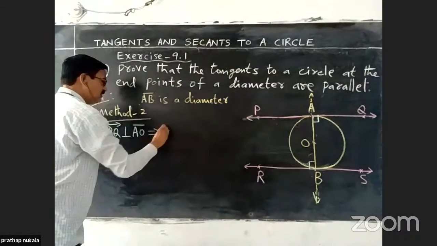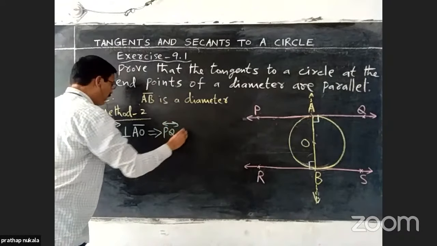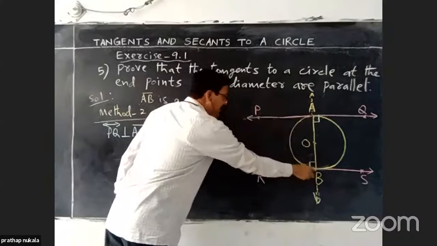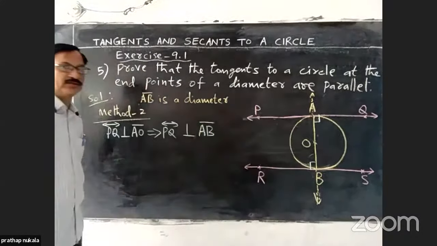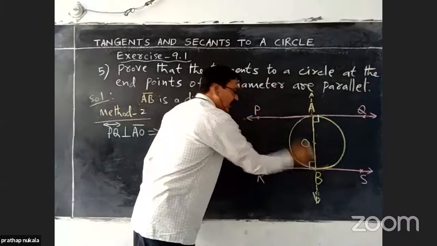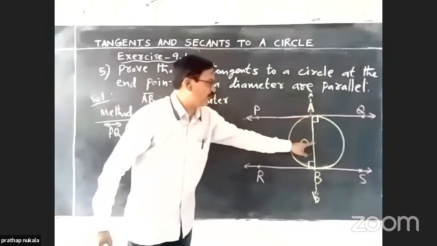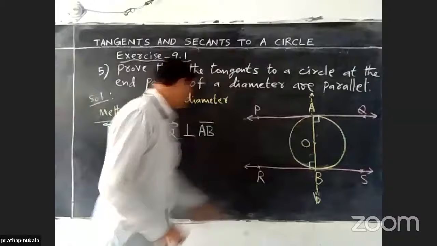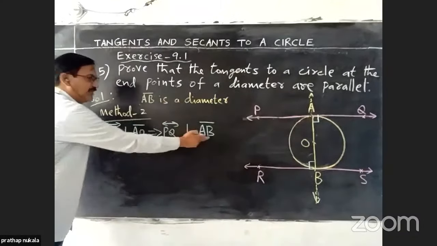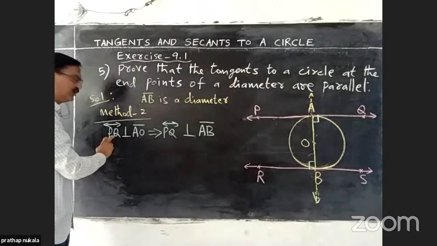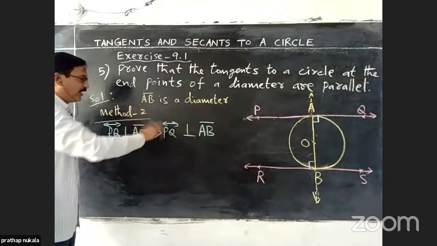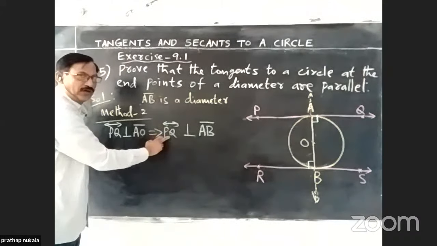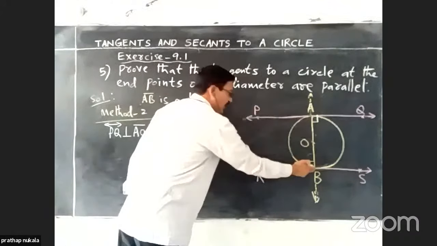Again, this can be written as the line PQ perpendicular to diameter AB. How? Since the radius AO is part of the diameter AB, that's why we are extending AO as AB. The tangent PQ is perpendicular to the diameter AB.